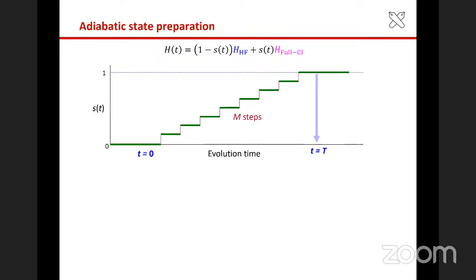In order to apply this kind of approach to wave function preparation in quantum chemistry, we can start from the Hartree-Fock wave function, and because the Hartree-Fock wave function is an eigenfunction of the Fock operator, we can use the Fock operator as a starting Hamiltonian. And we can use the full Hamiltonian as a final Hamiltonian.